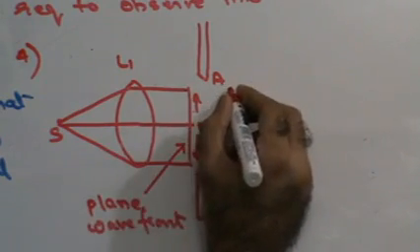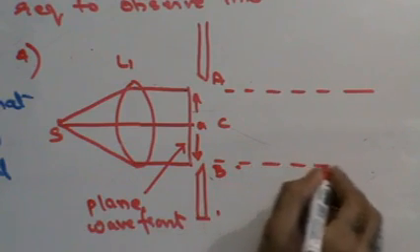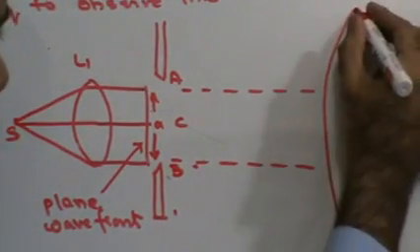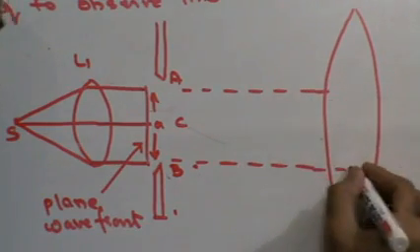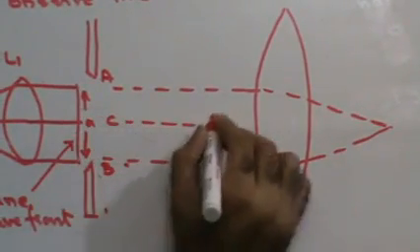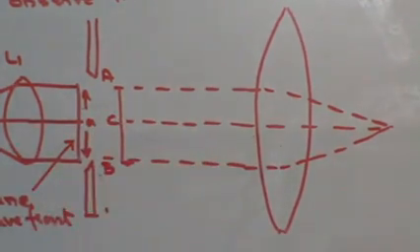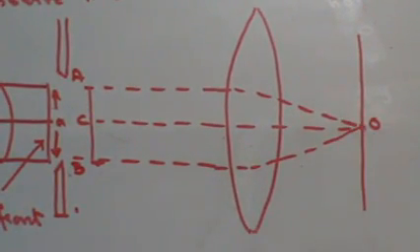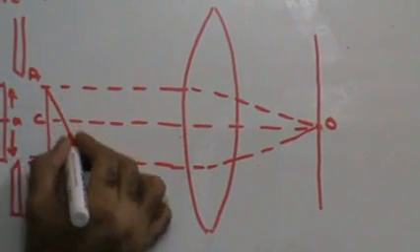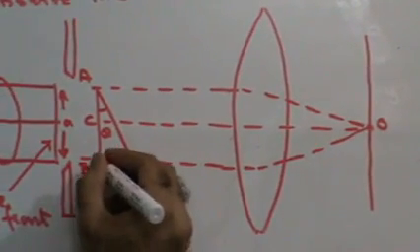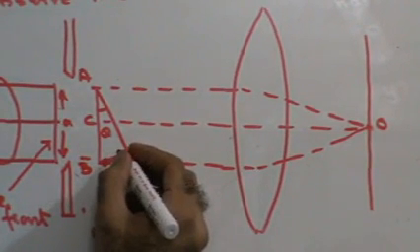If it had passed straight, and I kept another lens here, it would converge through this lens and form a point image on the screen at point O. But due to diffraction, instead of passing straight, it is going to pass at an angle of theta, and this is perpendicular here.